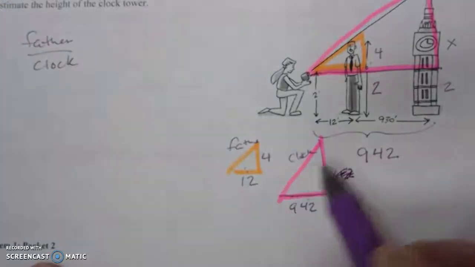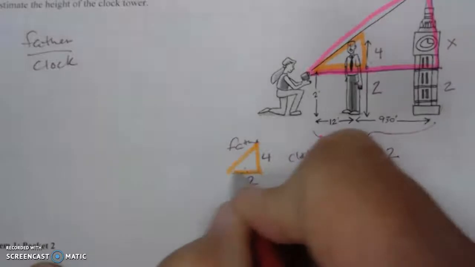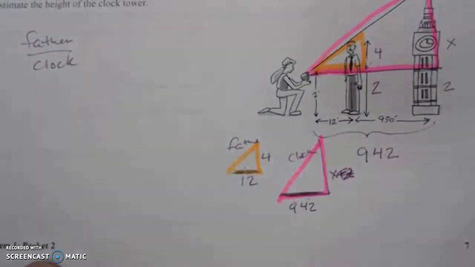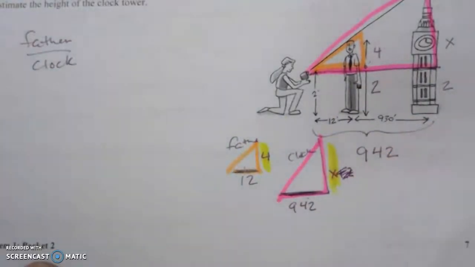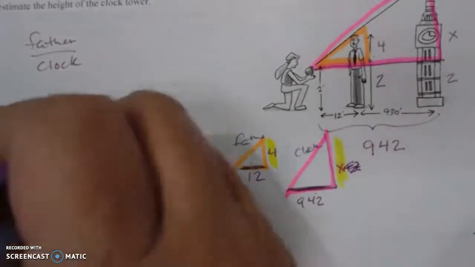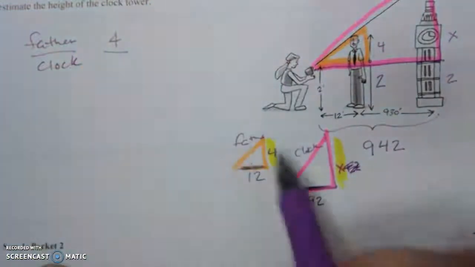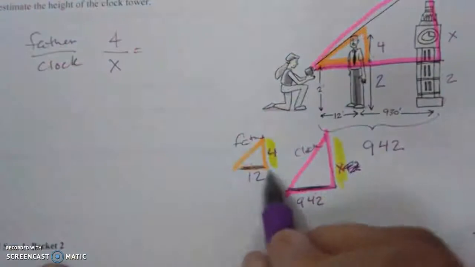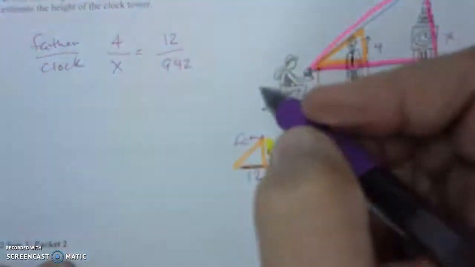You see how this base matches this base here, and this height matches this height here. So everything about the father is 4. This 4 matches with this x, and then this 12 matches this 942.